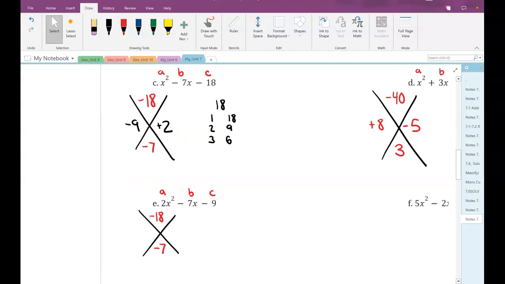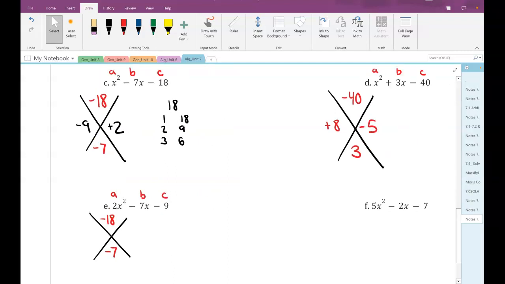Even though these two problems start differently, we have the same X set up. So if you remember, negative 18, multiply to negative 18, add to negative 7, that's always going to be negative 9 and positive 2. You're good to go. Where'd you get negative 18?